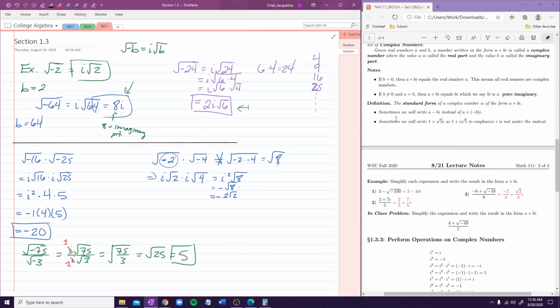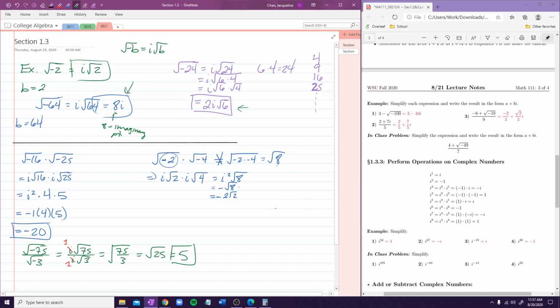Most of the time, instead of 1 plus square root of 5 times i, we'll write 1 plus i times the square root of 5. It's to emphasize that i is not under the radical. Because sometimes people overshoot the radical, so they'll say radical 6, and then they'll have their i here. My question is, is the i inside or outside? So in order to make it more clear, we just put i in front of it.